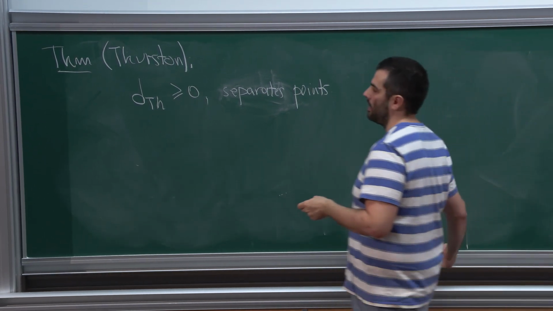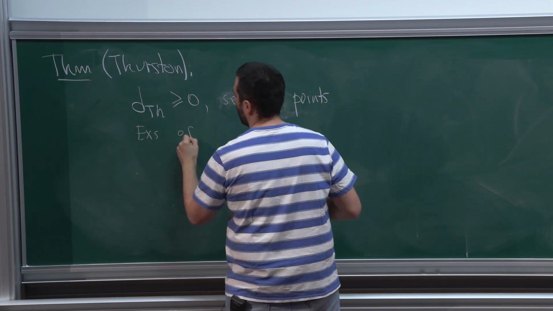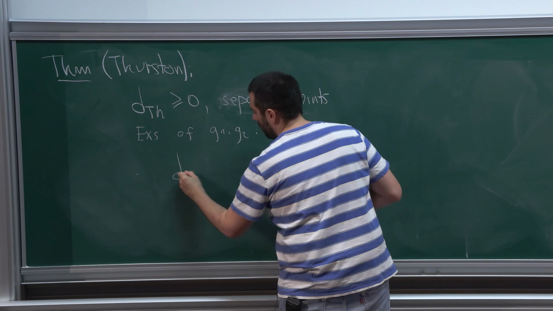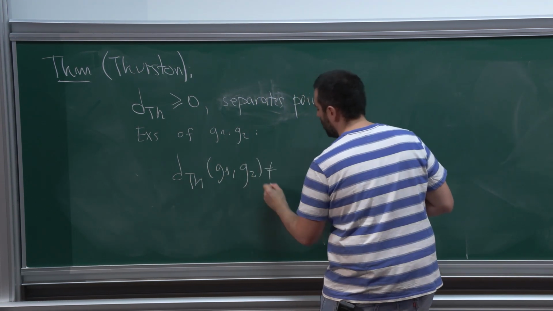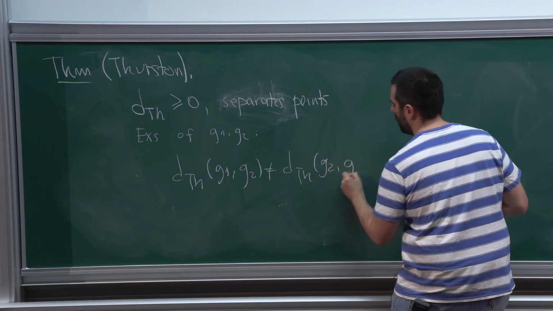He also finds examples of G1, G2 so that the distance from G1 to G2 is different from the distance from G2 to G1. So it's really asymmetric.